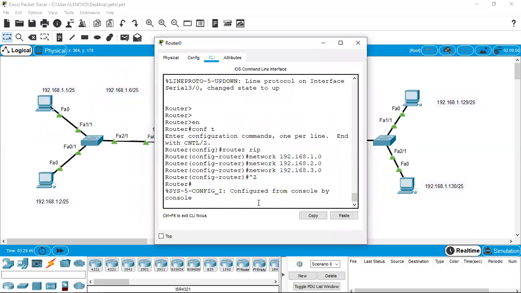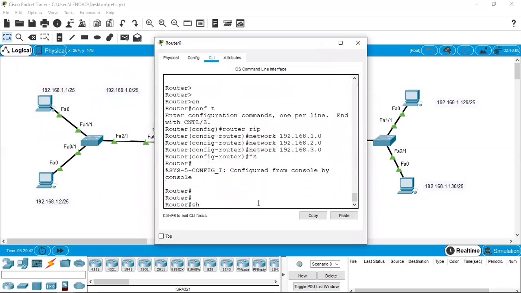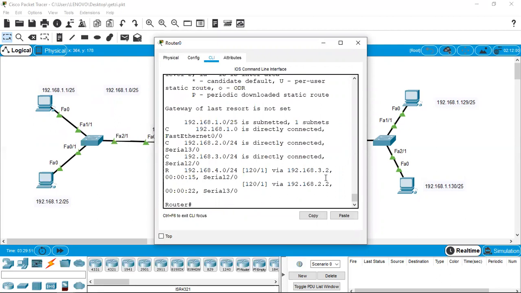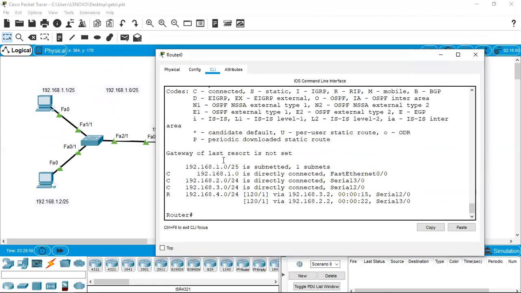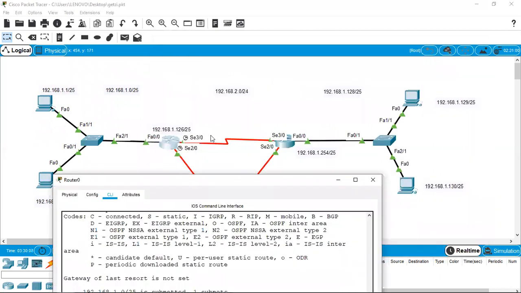How can I check that? I have to check show ip route. By giving show ip route, has it converged? Yes, it shows 192.168.1.0/25 is subnetted with one subnet. All right, so in the topology we actually have 5 subnets: 1, 2, 3, 4, and 5.